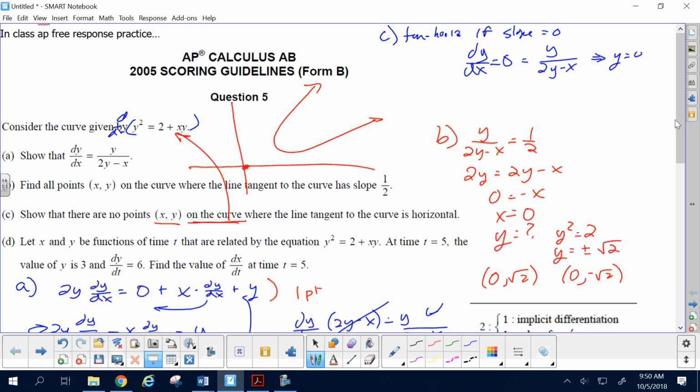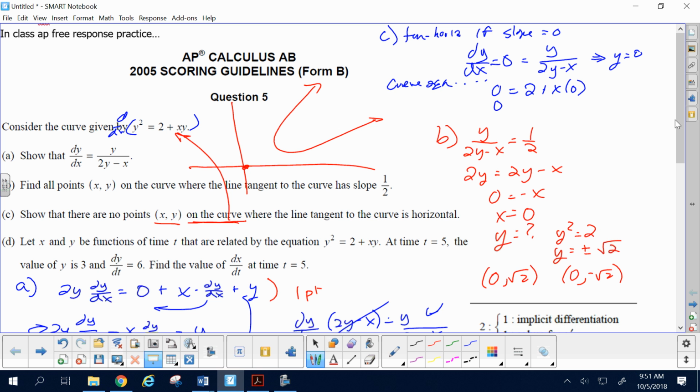Okay, so at this point we're getting towards Haley's question. Why is there no point such that? So what should I do? If y equals 0, I need to show that that's on the curve, so I go back to the curve equation. If I put a 0 in for y, 0 equals 2 plus x times 0.